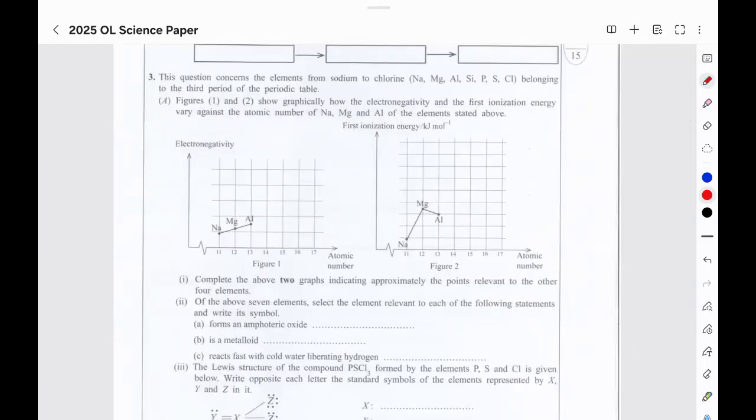The third question is based on, I think, ionization energy and electronegativity concepts. Let's see. Yeah, that is the third lesson, no? Structure of matter.